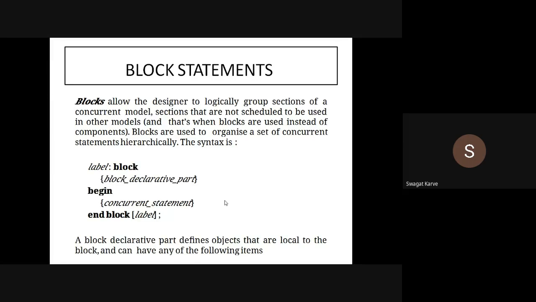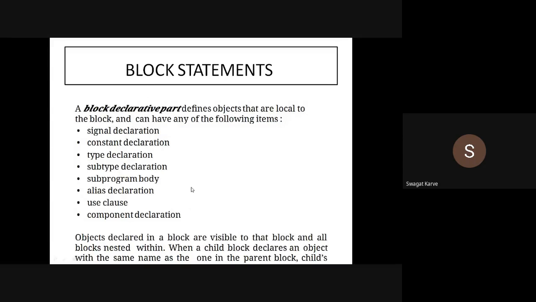ब्लॉक करू शकता, राईट. A block declarative part defines objects that are local to the block and can have many of the following items. म्हणजे हा जो ब्लॉक डिक्लेरेटिव्ह पार्ट आहे, it can be signal declaration, it can be constant declaration, it can be type declaration, it can be subtype declaration, or it can be subprogram body, it can be alias declaration, it can be use clause, or you can put any simple clause, or lastly it can be any component declaration. म्हणजे त्या ब्लॉक डिक्लेरेटिव्ह पार्ट मध्ये you can include these many things.